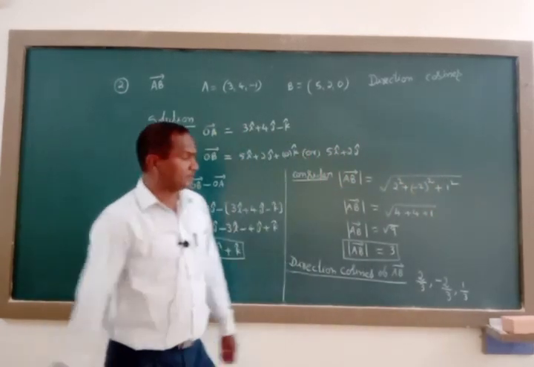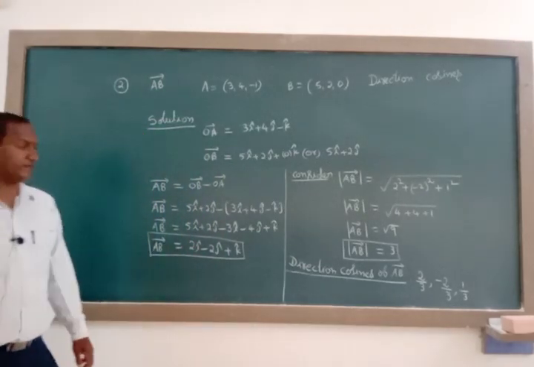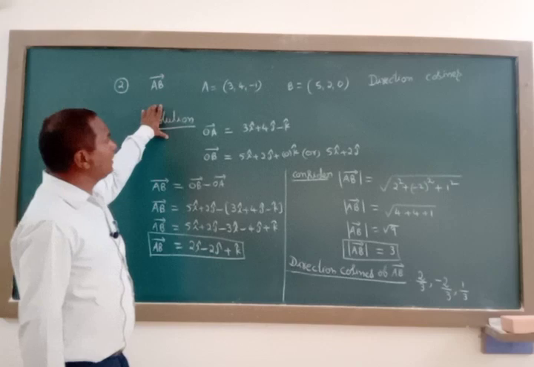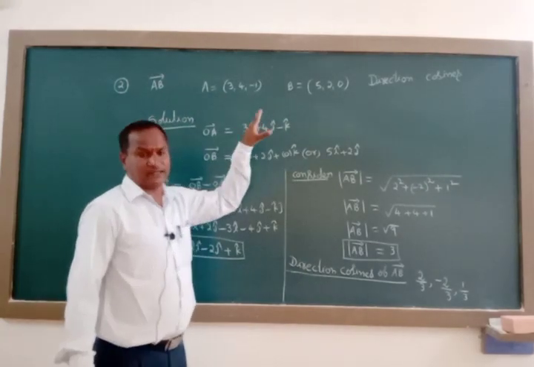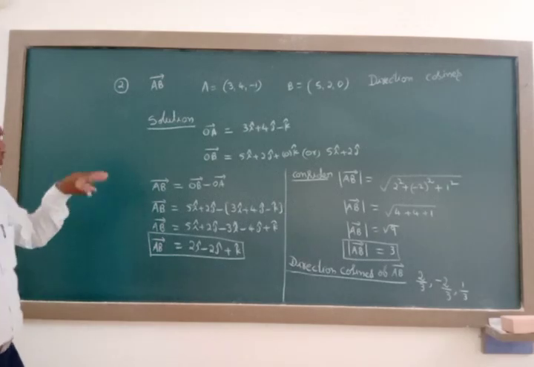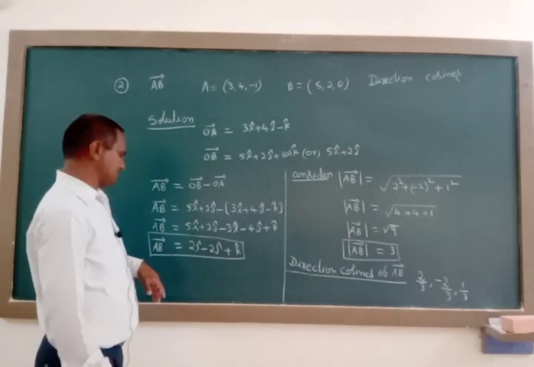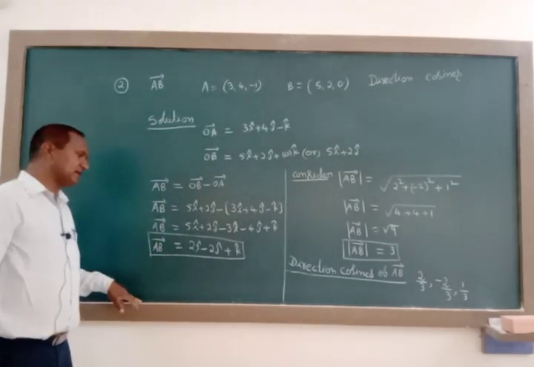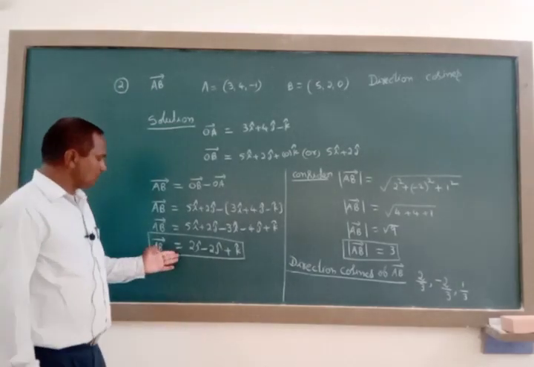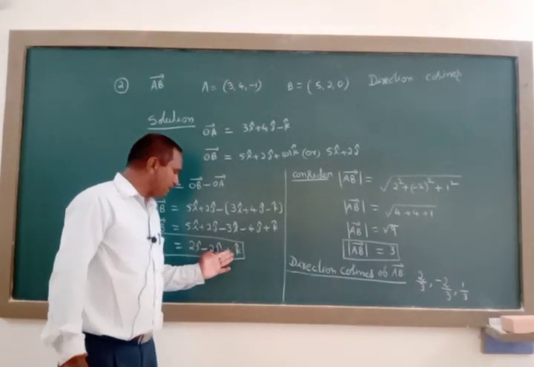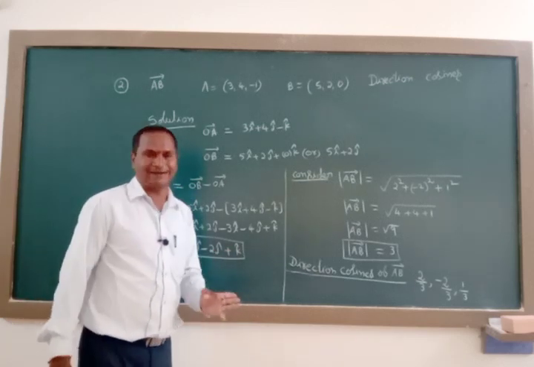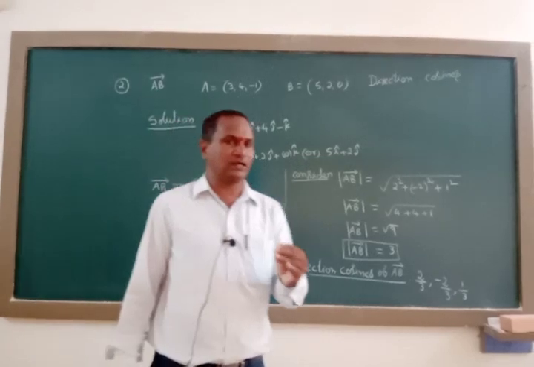Like that we are finding direction cosines when the line segment AB joins two points. At that time we follow this procedure in vectors to find direction cosines. Whenever they ask for direction ratios, by seeing the vector AB bar, the coefficients of i cap, j cap and k cap, that is 2, minus 2 and 1, are considered as the direction ratios.